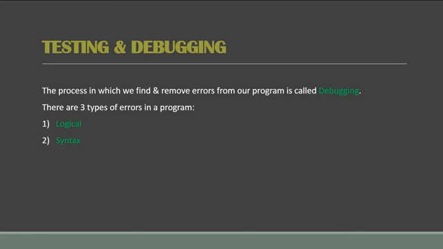So the second error is the syntax error. The syntax error occurs due to the incorrect use of the syntax, which is the wrong use of the programming language.